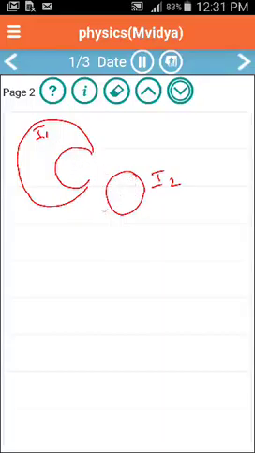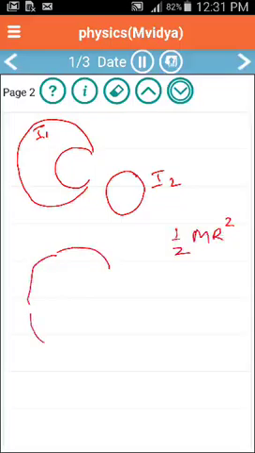I2 calculate ചെയ്യാൻ എളുപ്പമാണ്. It is a uniform solid circular disk. So the moment of inertia for a circular disk is mr squared by 2. രണ്ടും കൂടി ജോയിൻ ചെയ്യുകയാണെങ്കിൽ we have a circular disk of radius r.